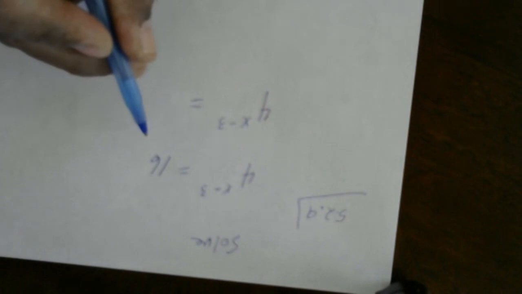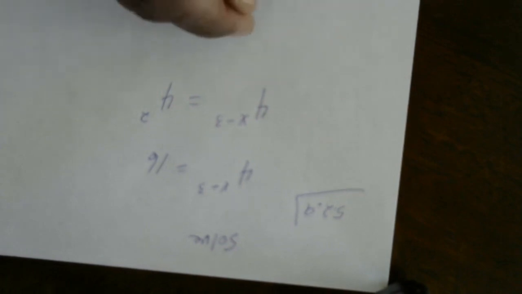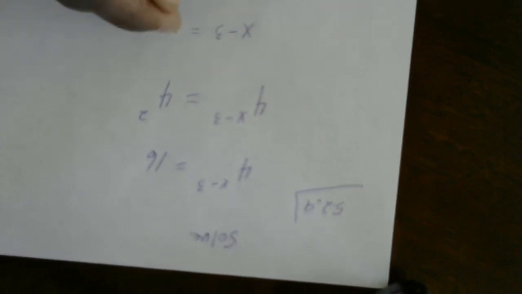Here again, we're going to try to make our base 4, because we can rewrite 16 as a base 4, and we also have a base 4 on the left-hand side. So I'm going to write this as 4 raised to the x minus 3 power. I want to rewrite 16 as 4 squared. Since I have like bases, I can drop my base and set my exponents equal.